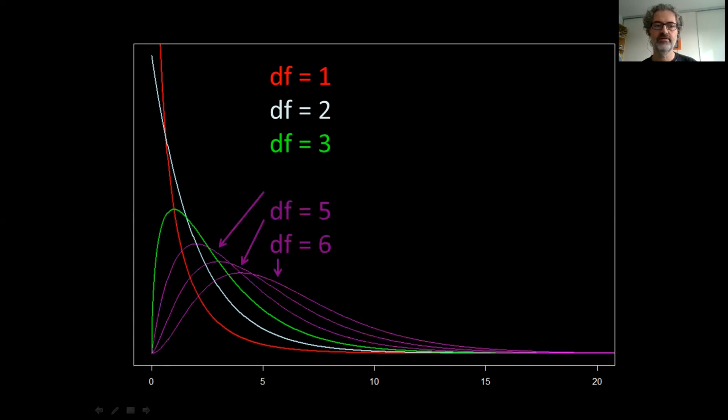And then for more degrees of freedom, it's variations on this shape that just tends to get wider and a bit shifted to the right and a bit lower. This curve here is the one we used with the 5 categories, 4 degrees of freedom. So these are the sampling distributions of chi-square with different degrees of freedom from 1 to 6. And these are the sampling distributions according to which we evaluate the probability of the index we derive from our observed counts.